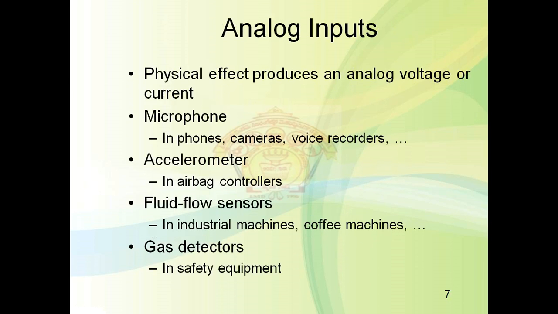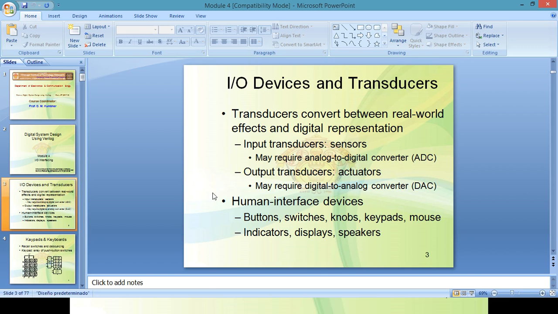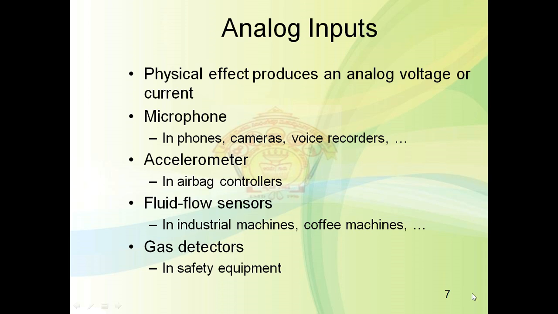Another device that we are going to use at the input side is analog inputs. Sensors for continuous physical quantities vary greatly.